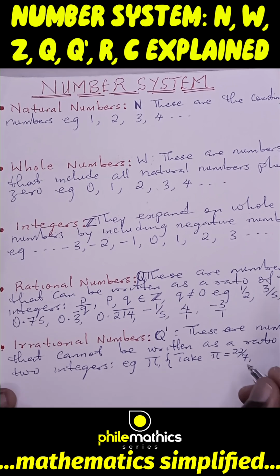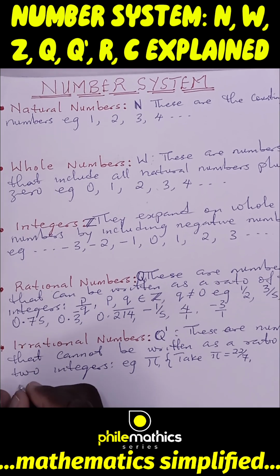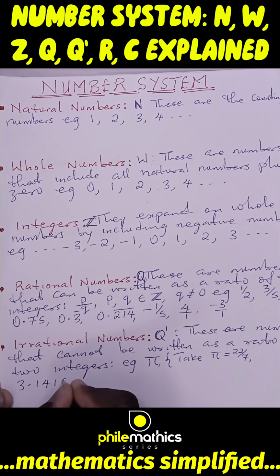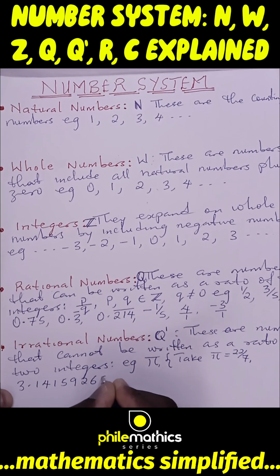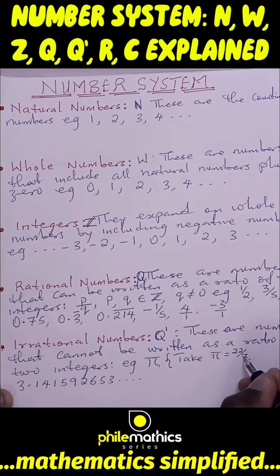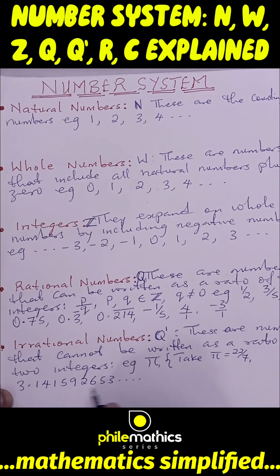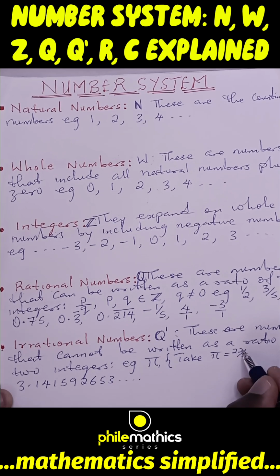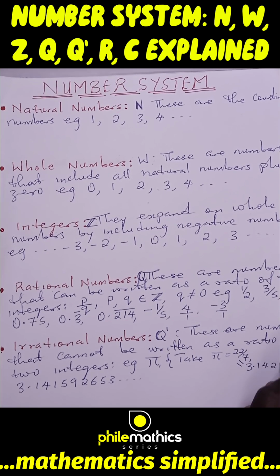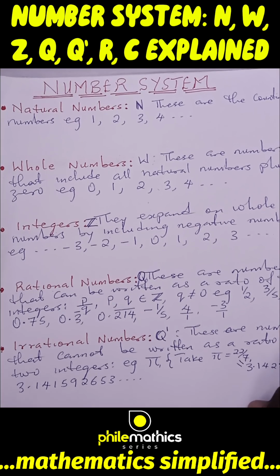Pi is a non-recurring decimal. It is written as 3.141592653, and it continues. They use 22 over 7 as the closest approximation of what pi is. If you check 22 over 7 in your calculator, this will give you 3.142857 and so on.